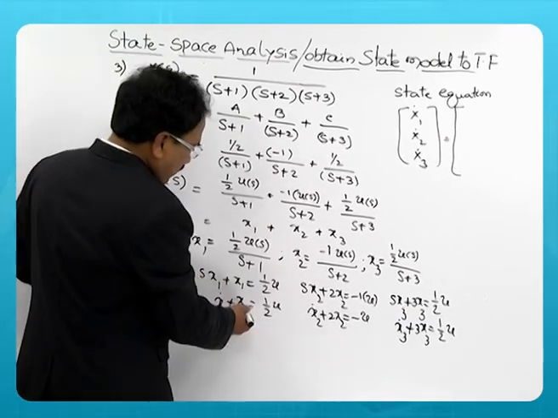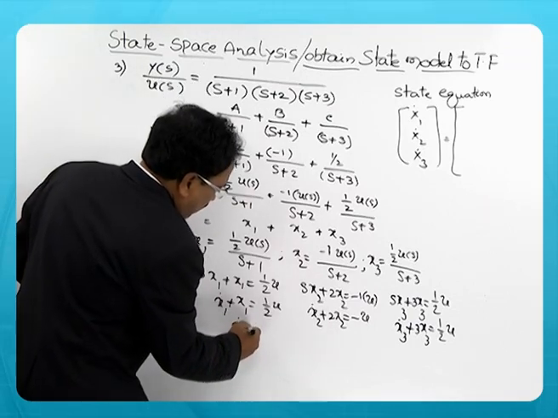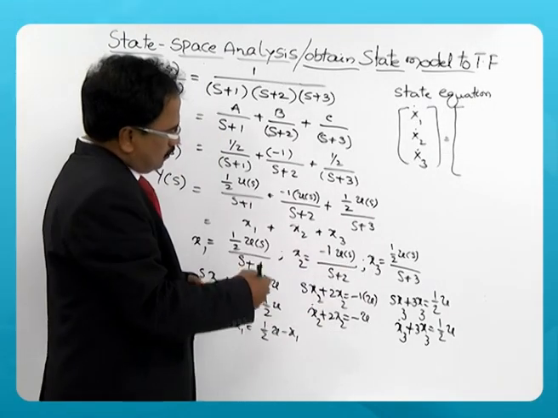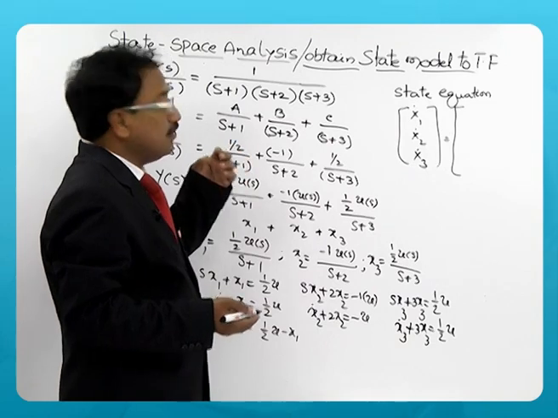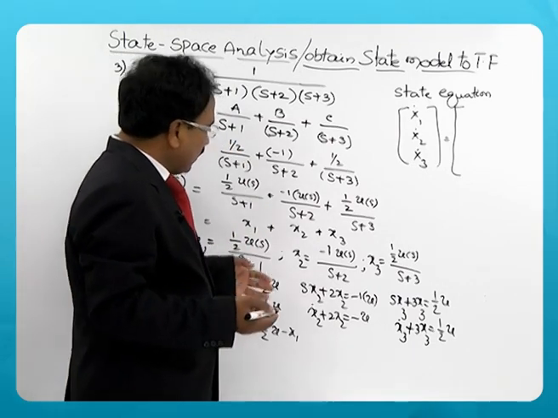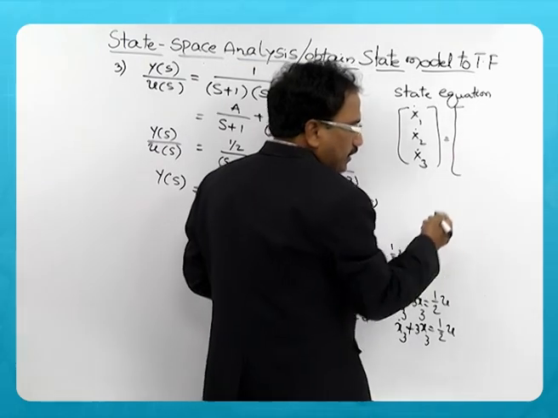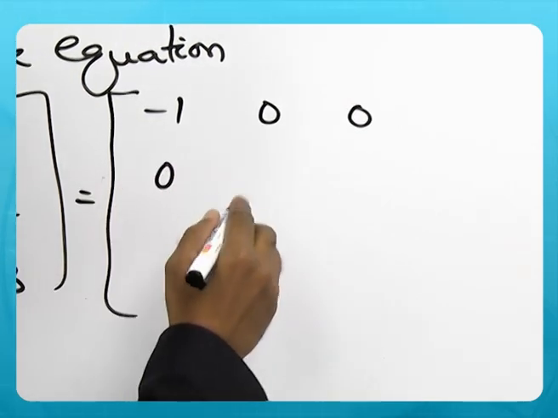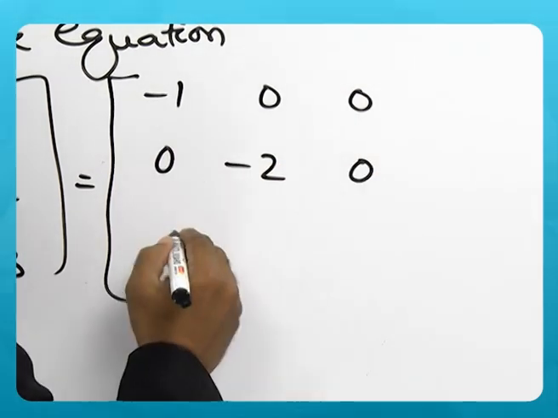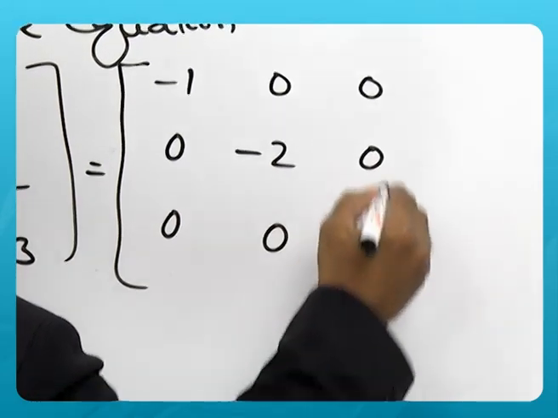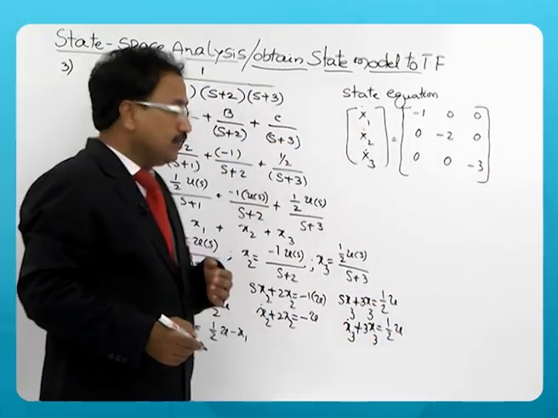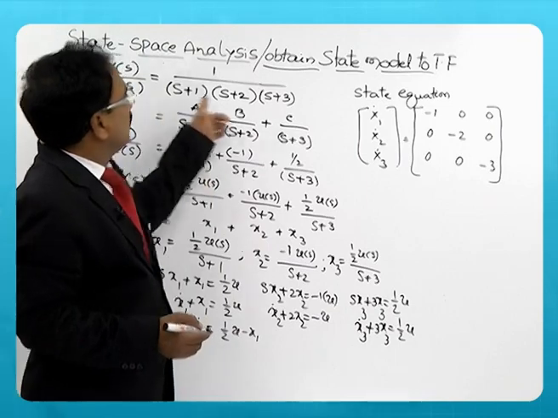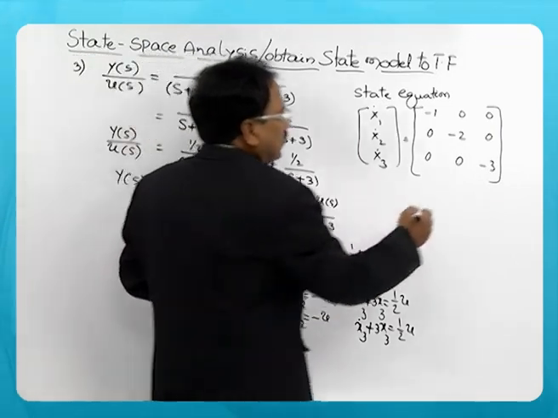When I take this x1 to the other side, x1 dot is equal to half u minus x1. Similarly, the other components also will come that side. So we can write the coefficients for x1, x2 and x3 and form the state matrix here. This is minus 1, 0, 0, then 0, minus 2, 0 and 0, 0, minus 3 you get. So the dimension of the state matrix is 3 cross 3 because the order of the system is 3.